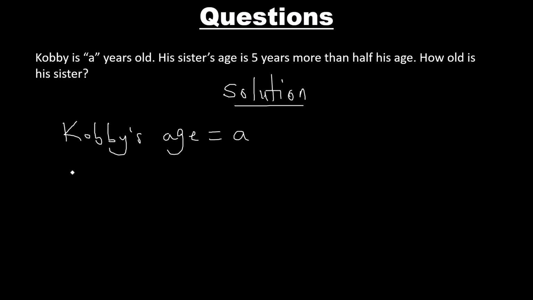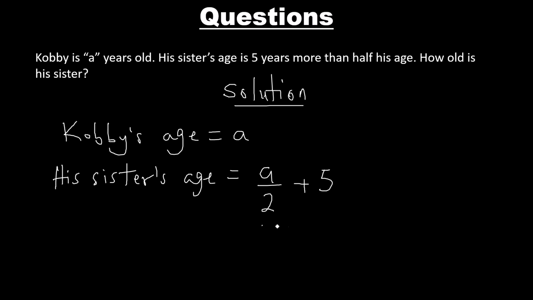So what would that be? So his sister's age will be half of his age plus 5. So that's it. As simple as that. So how old is his sister? So Kobe's sister is 8 divided by 2 plus 5 years old.